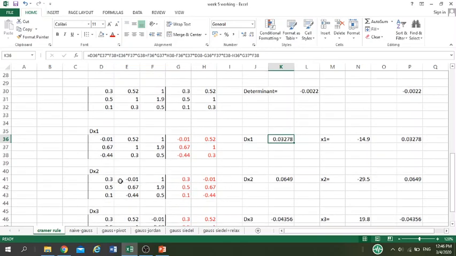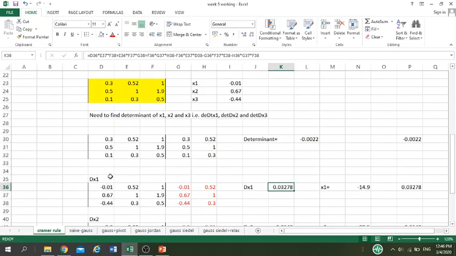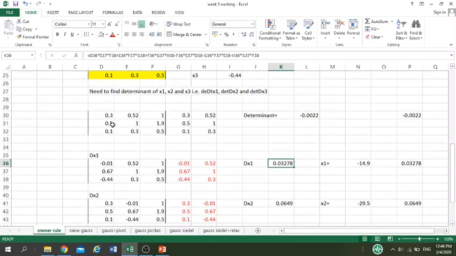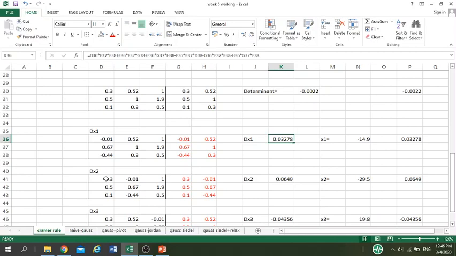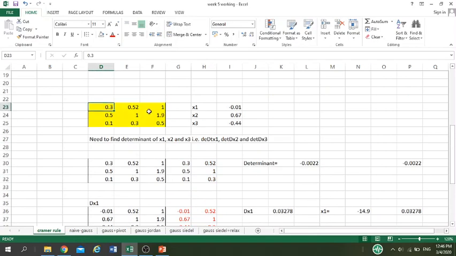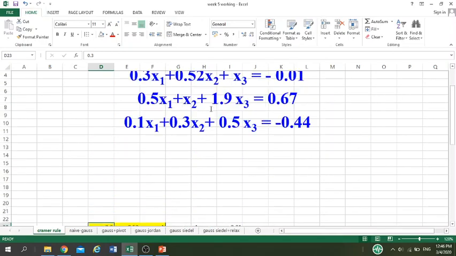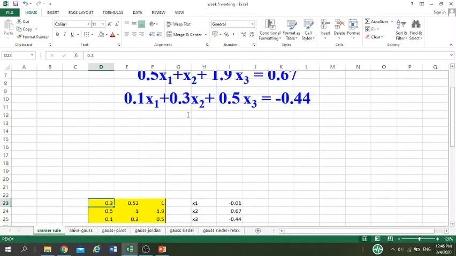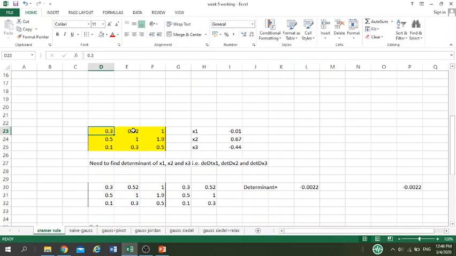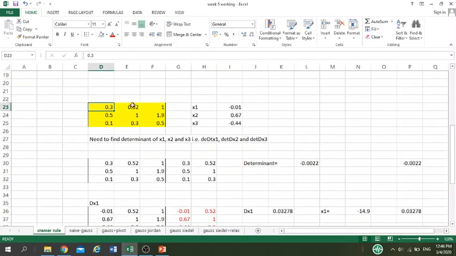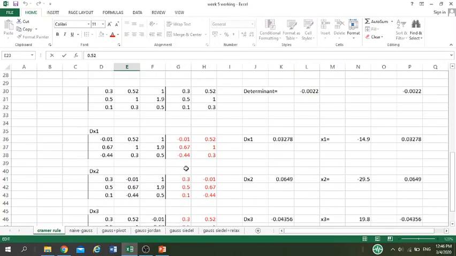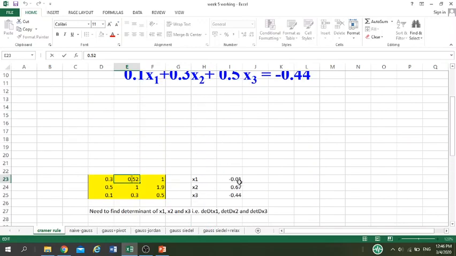The same thing goes for x2. We take the original matrix, and since x2 lies in the second column of the matrix, we replace whatever values are in the second column with the values of the answer.